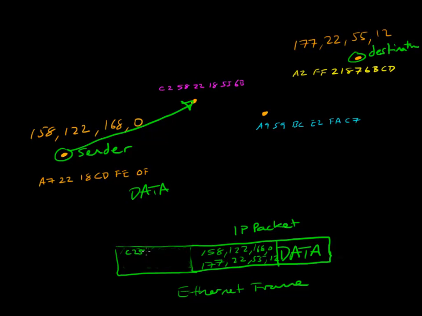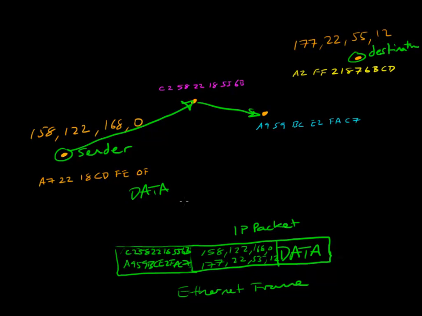So this becomes the sender MAC address, 2218.55.6b. And now it's going to send to the next computer, and that's got the MAC address there, so that will be the destination A959BCE2FAC7.